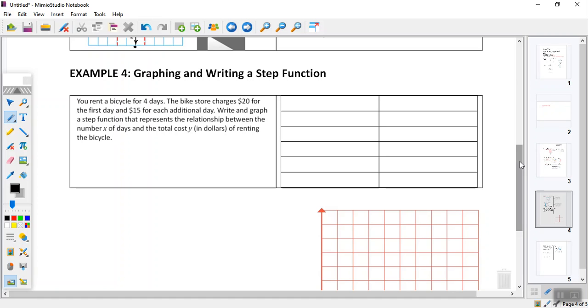So let's just go over here. Let's call this X, and this is my number of days. And we'll call this Y, and this will be my total cost. On that first day, we say, hey, I need a bike.